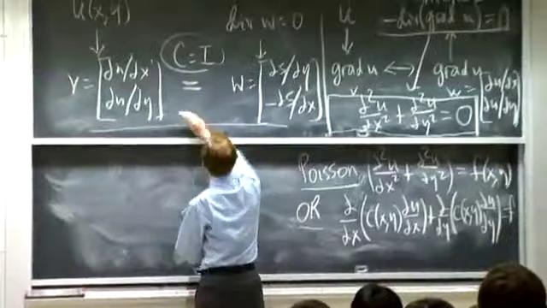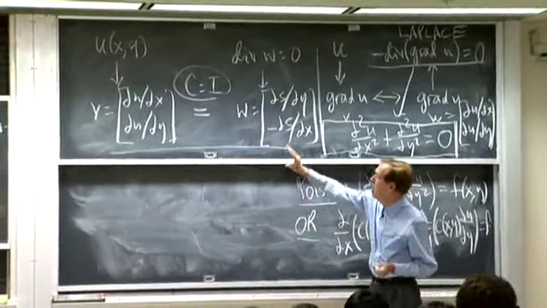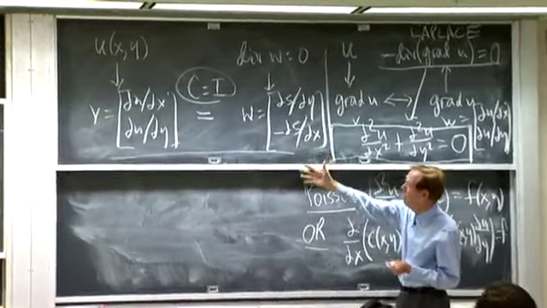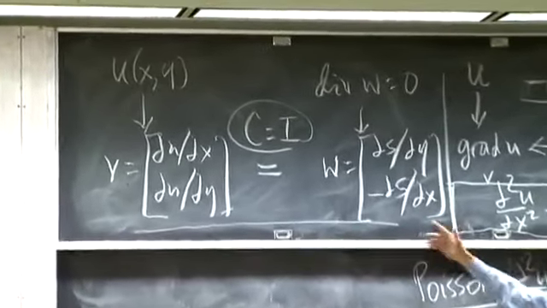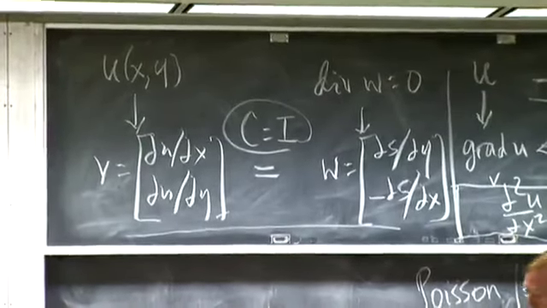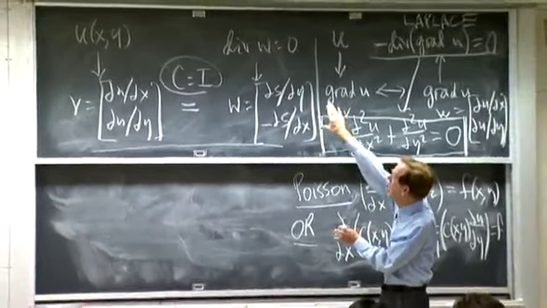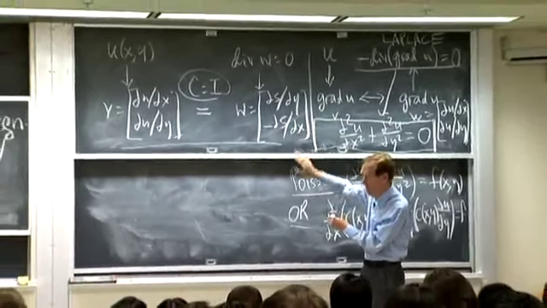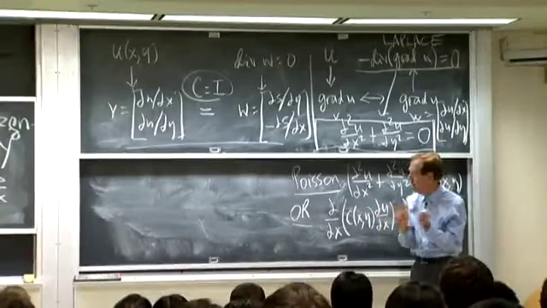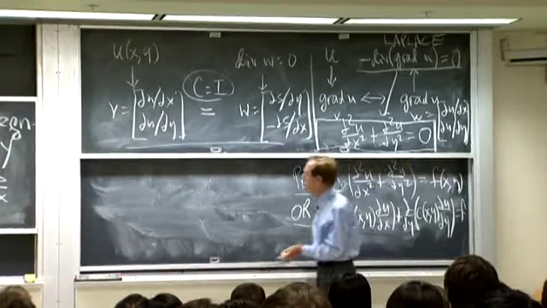When v and w are the same, how is the potential function, which is on the left side, connected to the stream function, which comes from any time div w is 0? I've got a stream function in 2D here. The connection is just those two match.